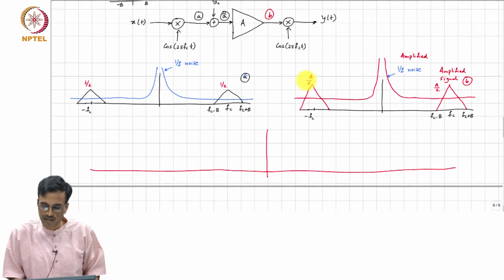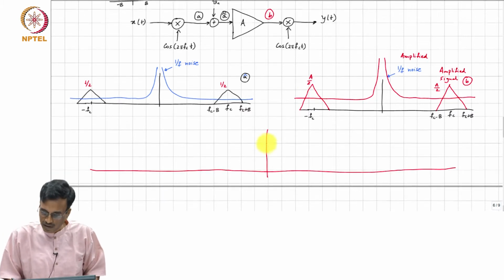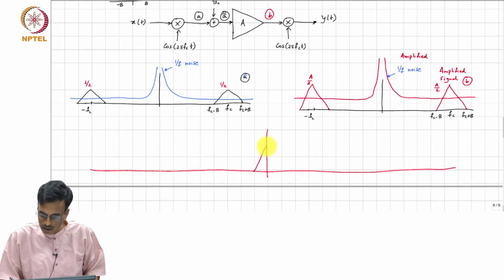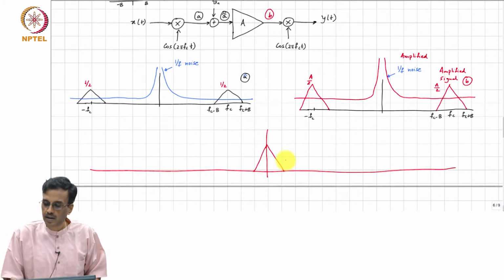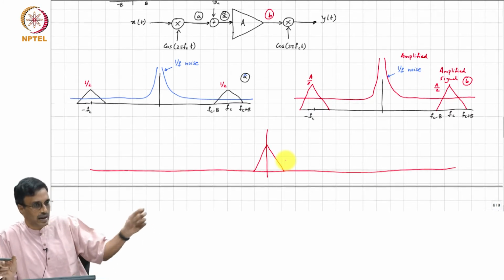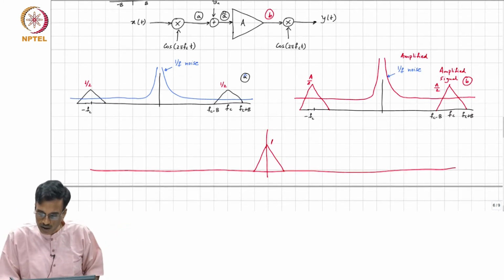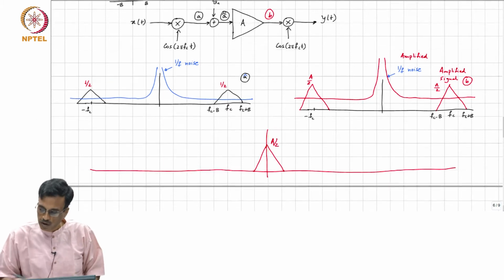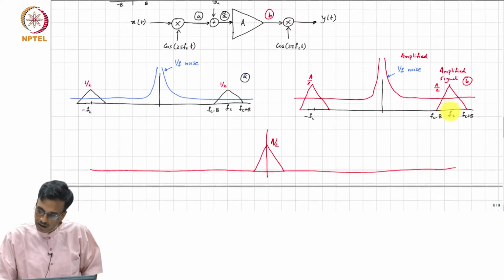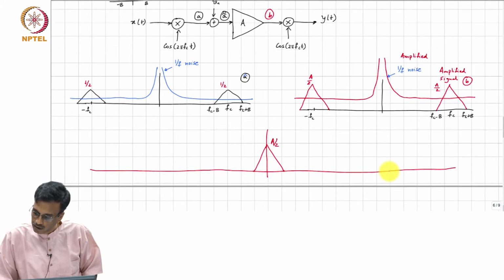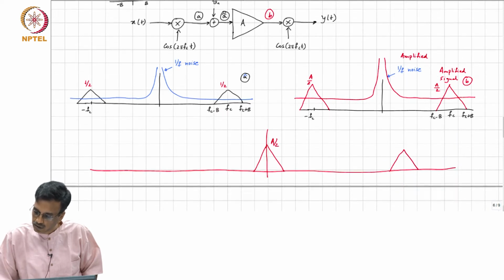And now, when you translate this to the left, you basically will get A by 4, right, and you will get another baseband tone when you translate it to the right, which is also A by 4. So, when you add the two together, you get A by 2. You will get something at 2 f c, right.